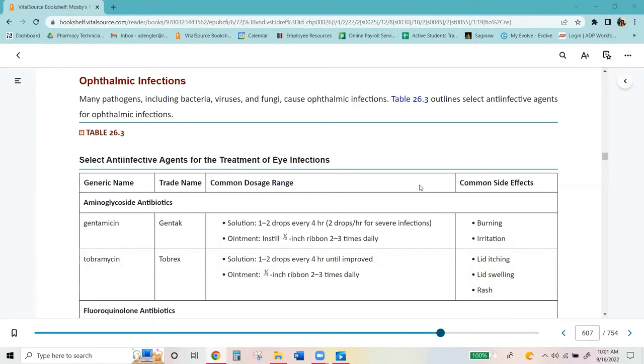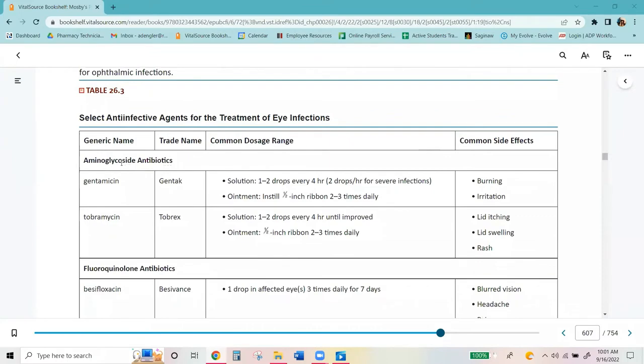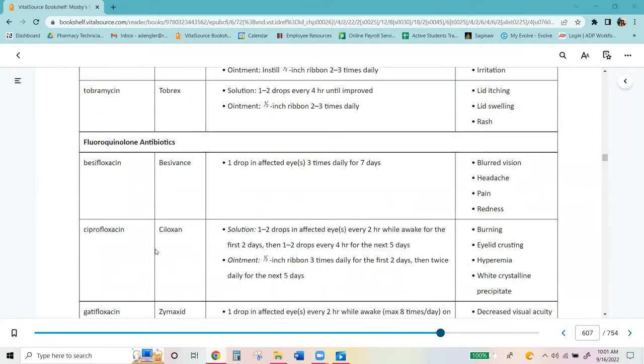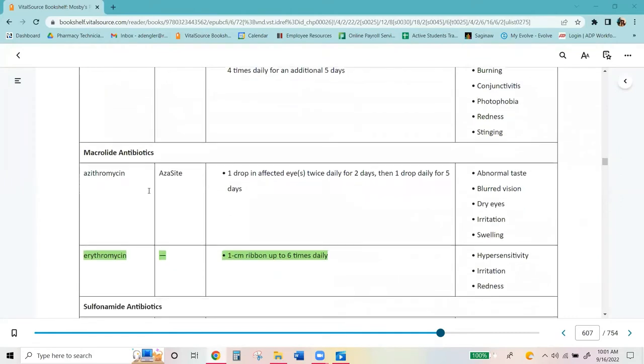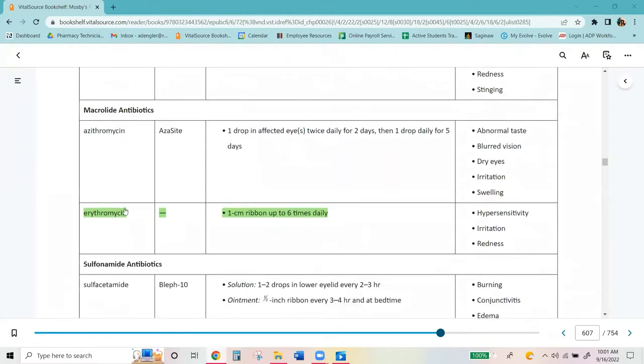Many pathogens, including bacteria, viruses, and fungi, can cause ophthalmic infections. Table 26.3 lists select anti-infective agents for the treatment of eye infections. So we have all the different classes: aminoglycoside antibiotics, fluoroquinolone antibiotics, all of which are eye drops. Macrolide antibiotics: we have erythromycin, which I have highlighted.